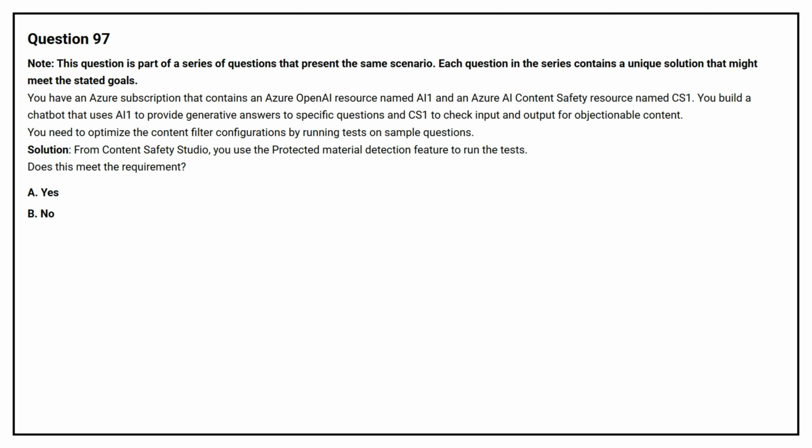You build a chatbot that uses AI1 to provide generative answers to specific questions and CS1 to check input and output for object-enabled content. You need to optimize the content filter configurations by running tests on sample questions.